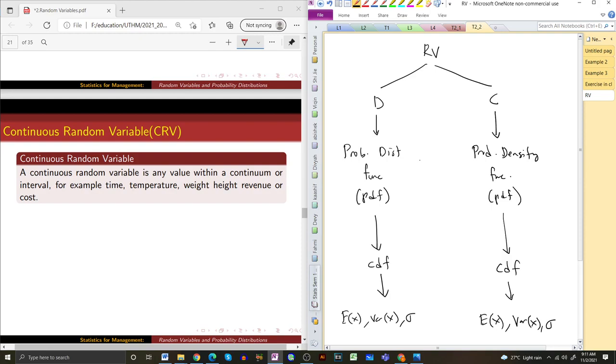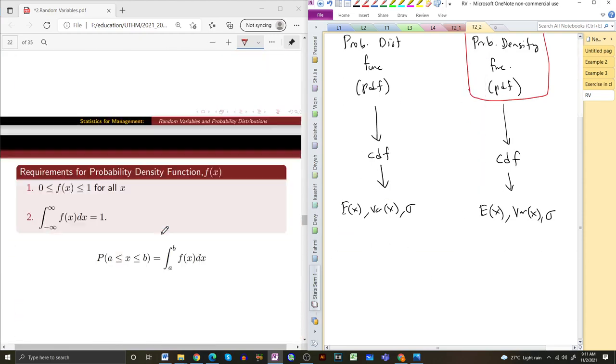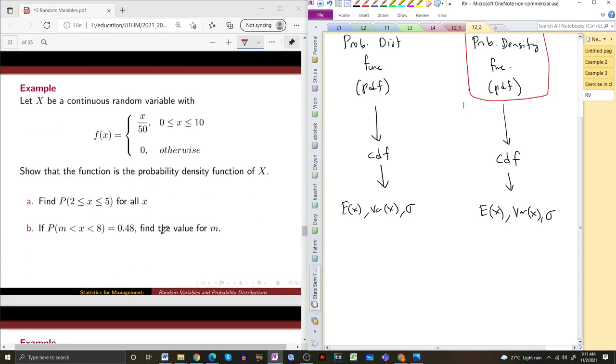So now let us learn this one, the probability density function. Let us look at this example.